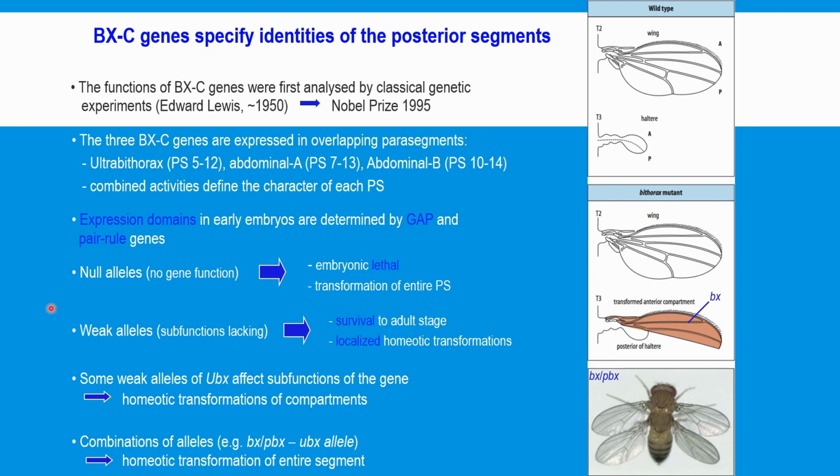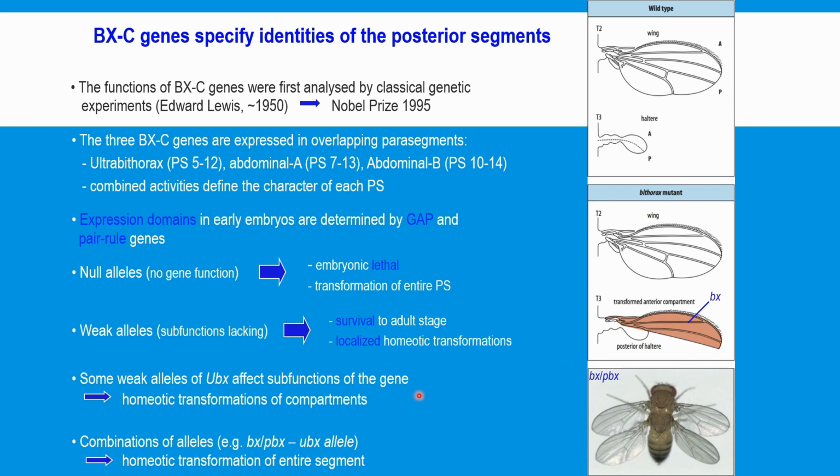But weaker alleles, which we call hypomorphs, where some function was still present and some was lacking, could survive to the adult stage and had localized homeotic transformations, such as shown here, that the bithorax mutant could give homeotic transformations of the anterior compartment of the haltere.